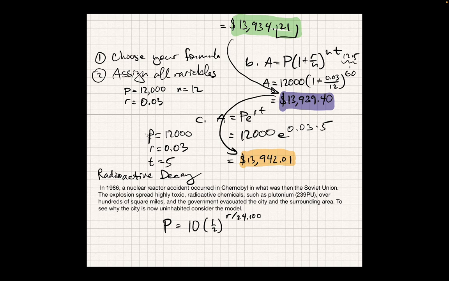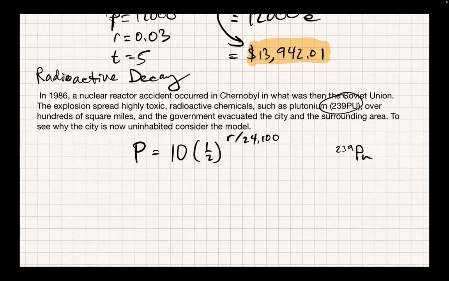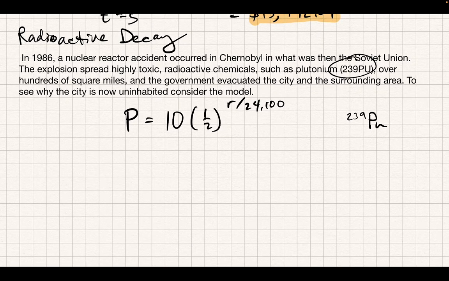You should write down 239 Pu, plutonium. So plutonium is a radioactive element. And the government evacuated the city and the surrounding area. To see why it is now uninhabited, consider the model.